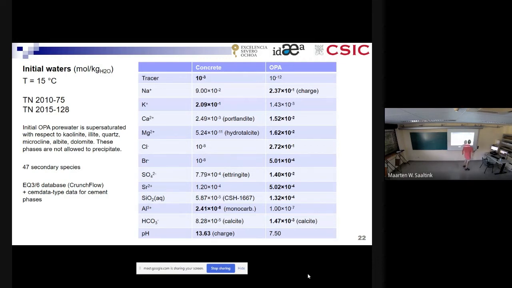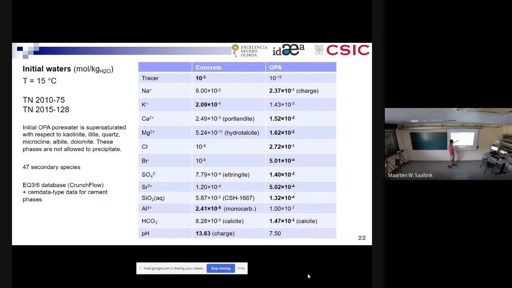The Opalinus Clay pore water is very much dominated by sodium and chloride, so it's close to diluted seawater composition, and smaller amounts of calcium, magnesium and sulfate. pH of 7.5. And then the concrete, basically it's a composition at equilibrium with all the cement phases.